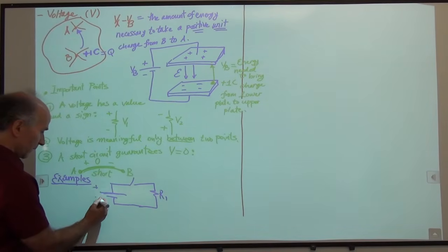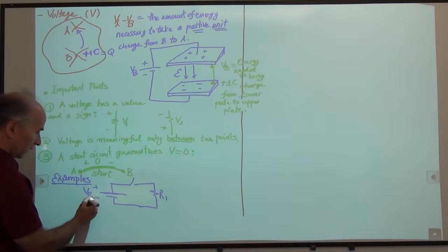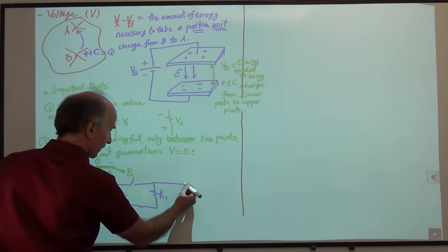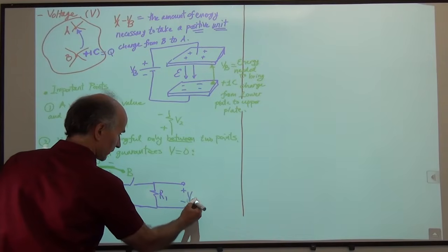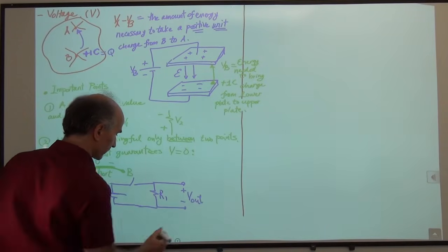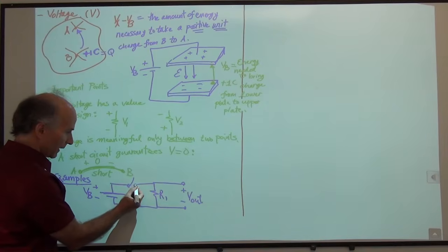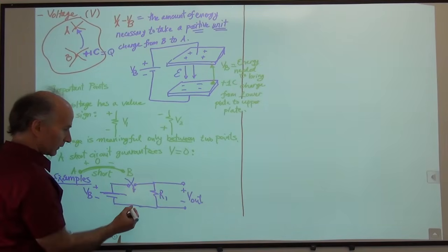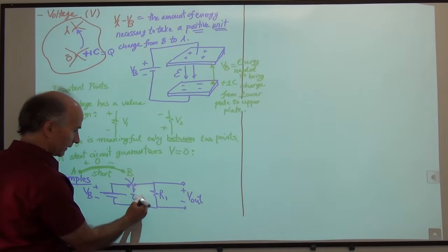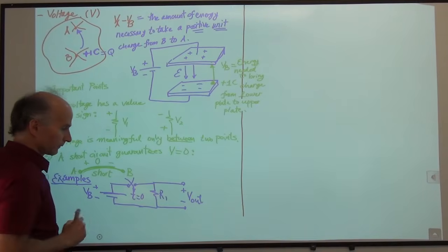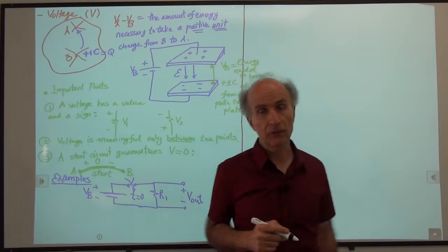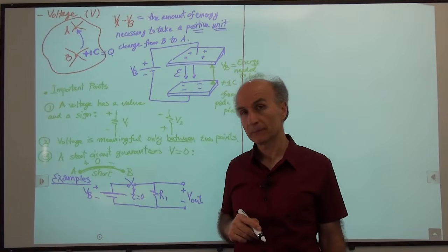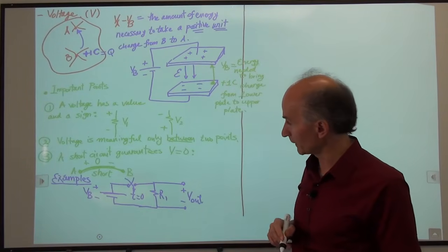This battery is VB, and I am interested in this voltage across the resistor. We call this V out. And there's a switch here, and this switch closes or turns on at t equals 0. So I would like to plot V out as a function of time. Okay, so that shouldn't be that hard.